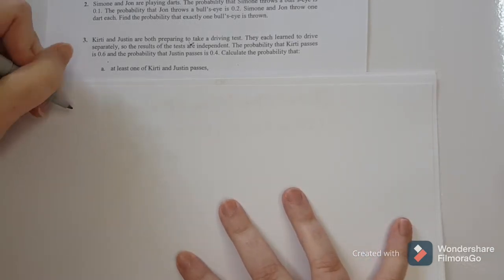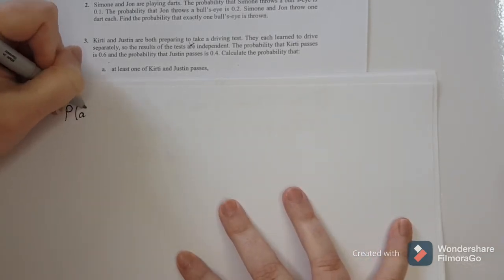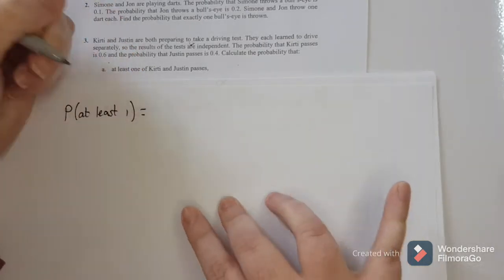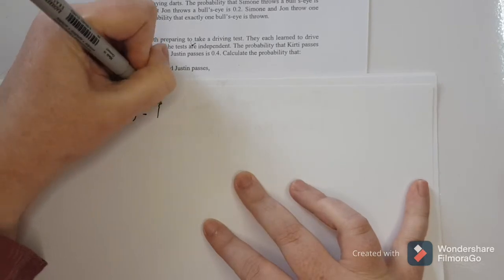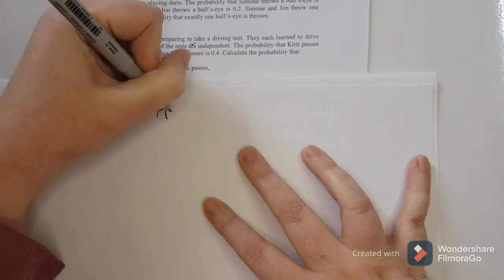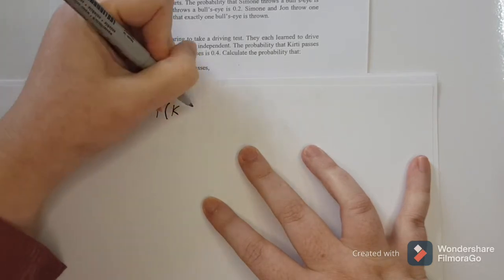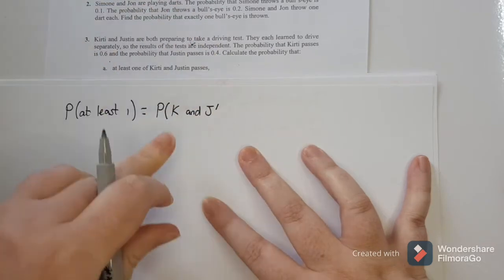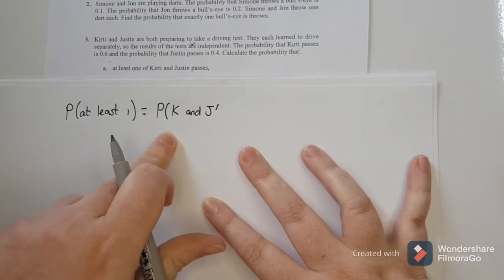So the probability for at least one would mean it's the probability that it could be Kurtie passing and Justin not passing, because that would mean one of them did.